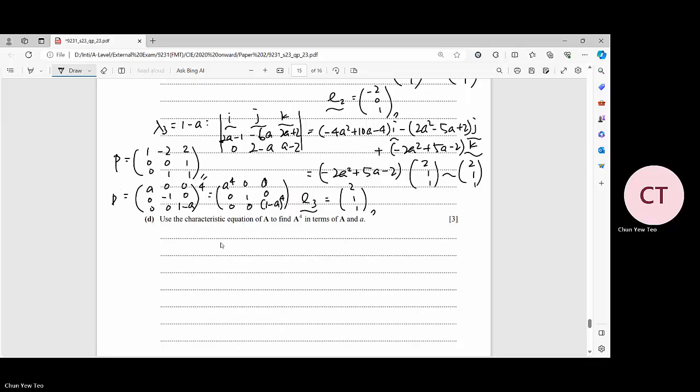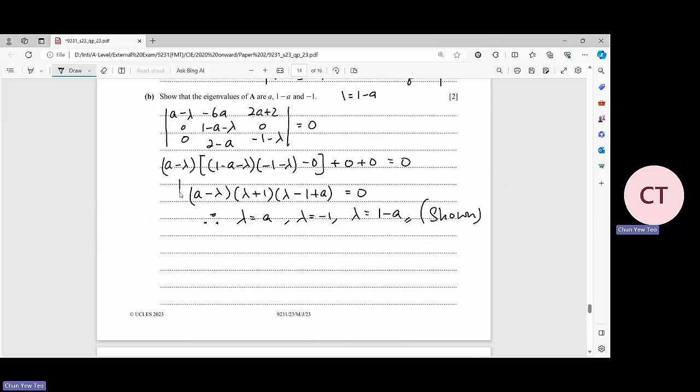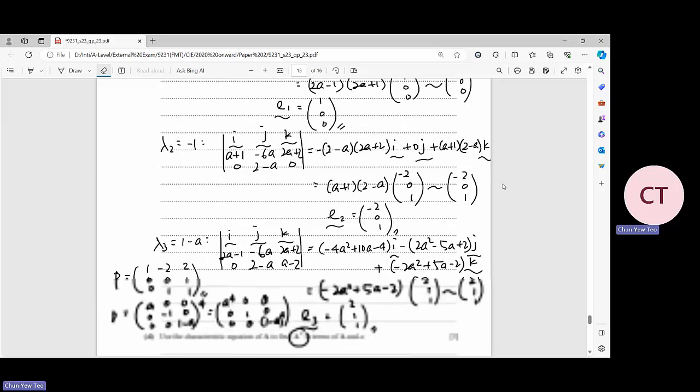Done. Then after that, part D: use the characteristic equation of A to find A power 4 in terms of matrix A and the constant A. So over here, just use the characteristic equation. This is the characteristic equation that we have from just now. So from here, we just expand them.